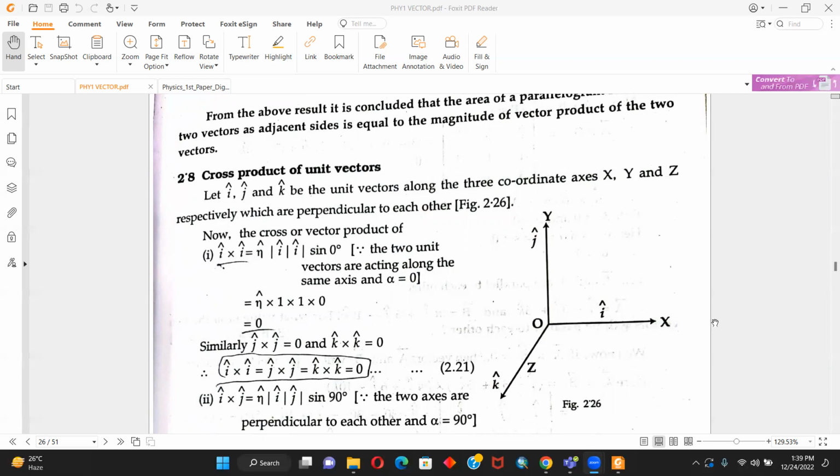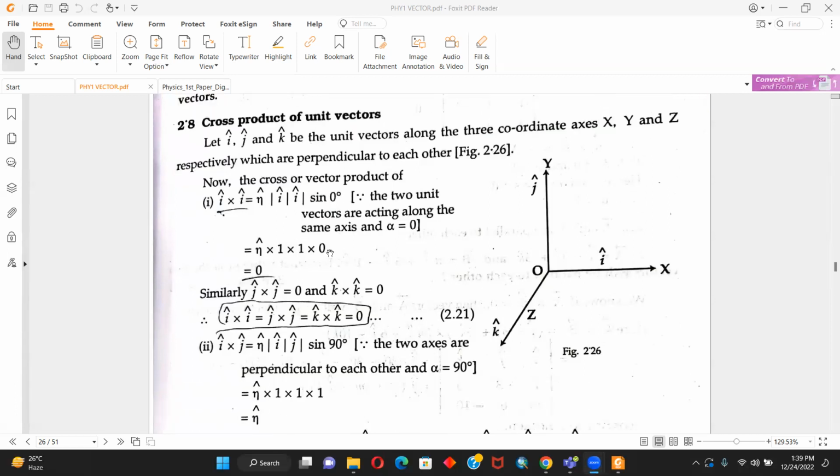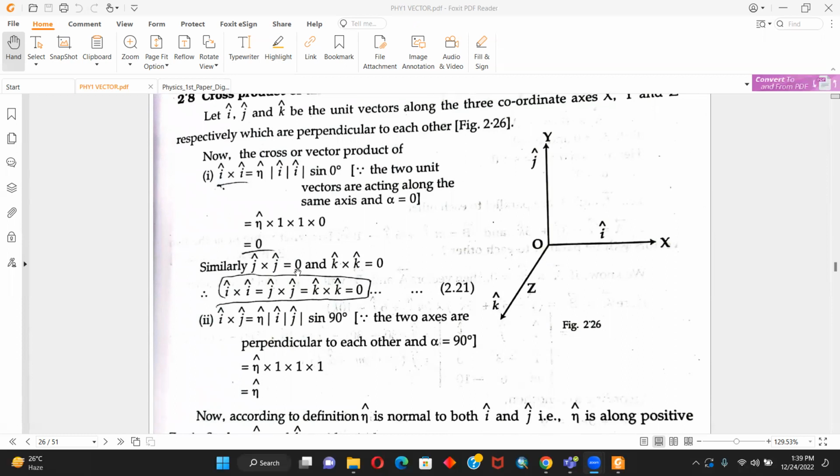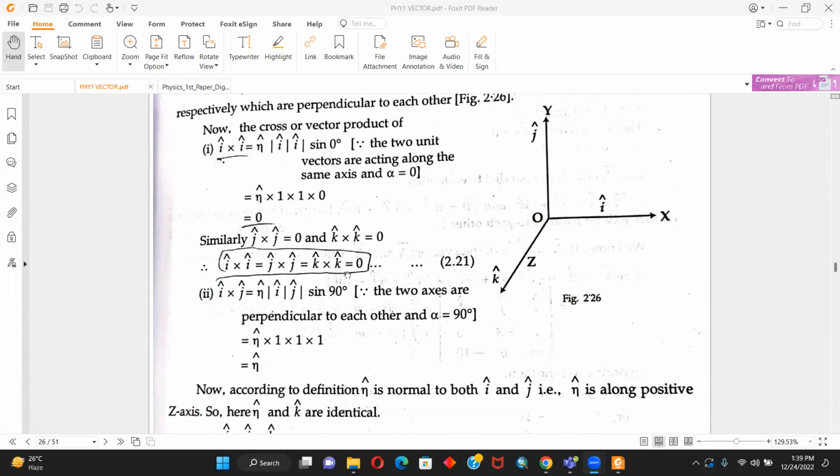Because they are working parallelly, actually on the same line. So that means it will be 0 degrees. Is that correct? Yes. Okay. So i cross i, you will get 0. j cross j, you will get 0. k cross k, you will get 0.